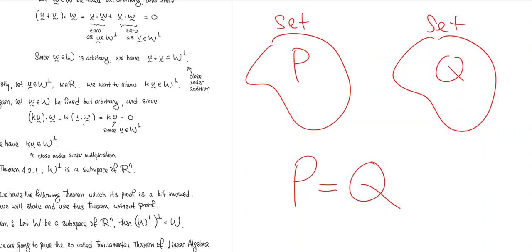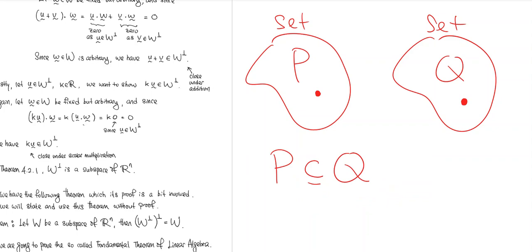In order to show that two sets are the same, you first take an element from P and show that this element is also an element of Q. If you're able to show that this is true for all the elements in P, then P is a subset of Q. Then you have to reverse and show that if you have an element in Q, then that element will also be in P.